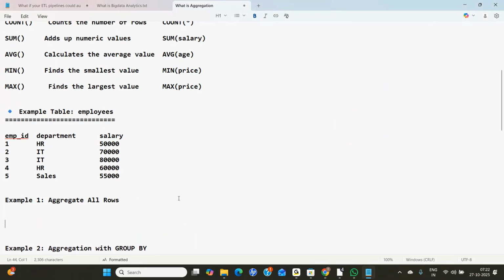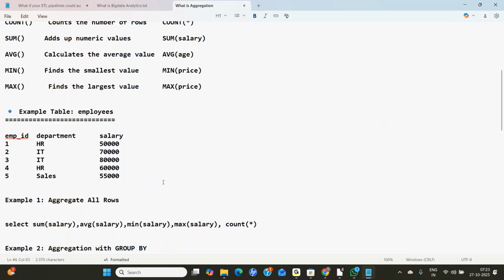Then write a query. See how I'm writing the query. Select aggregate functions: sum of salary, comma, average of salary, comma, min, the minimum salary, and max, the maximum salary, comma, count star, the total number of rows.